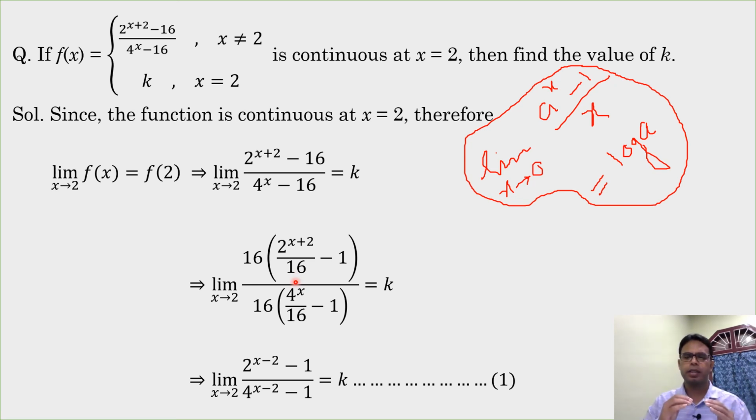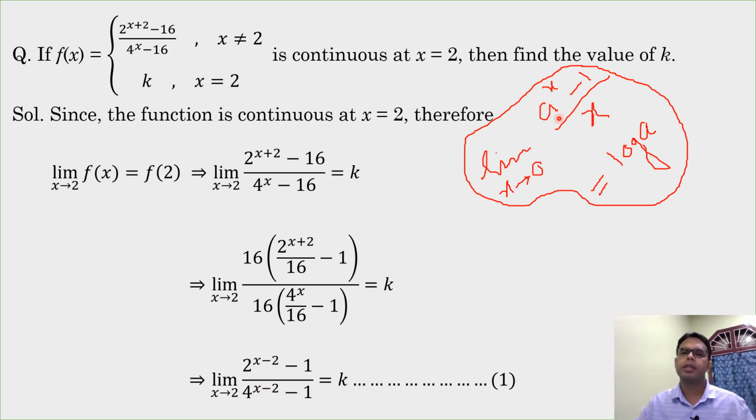Adjusting the indices, 2 to the power x plus 2 minus 4 gives 2 to the power x minus 2, and minus 1 remains. And in the denominator, 4 to the power x, and this 16 can be written as 4 square, so 4 to the power x minus 2, and minus 1 remains the same. On the right side it is k.